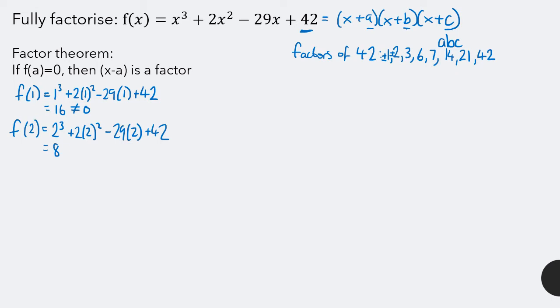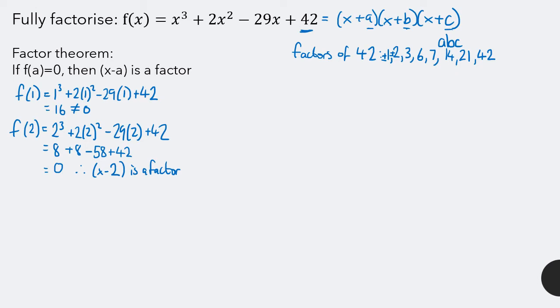So that's 8 plus 8 minus 58 and then plus 42. And if we put that all together, 16 minus 58 is minus 42, and then plus 42, well, that's 0. Great. That's what we've been looking for. So therefore, we can say that x minus 2 is a factor.